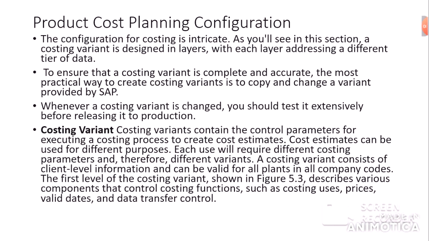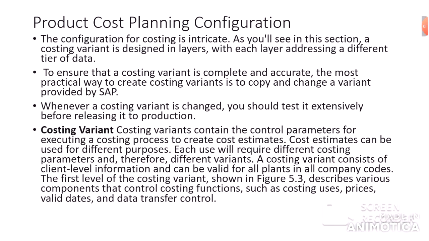To ensure that a costing variant is complete and accurate, the most practical way to create costing variants is to copy and change a variant provided by SAP. Whenever a costing variant is changed, you should test it extensively before releasing it to production.